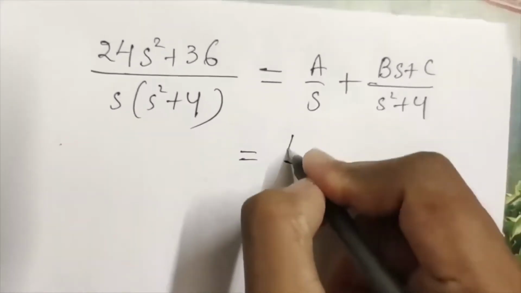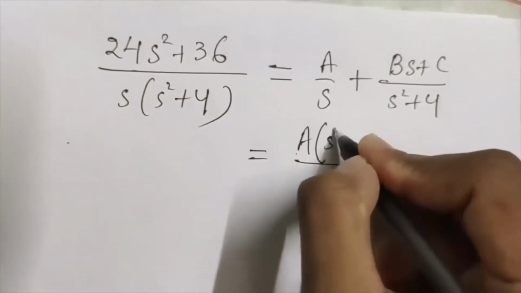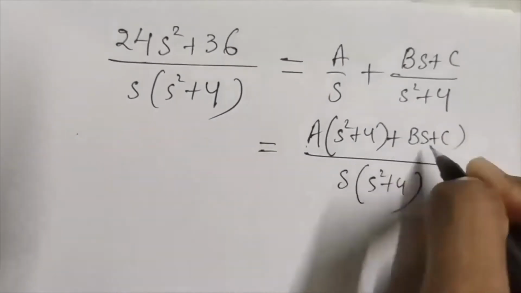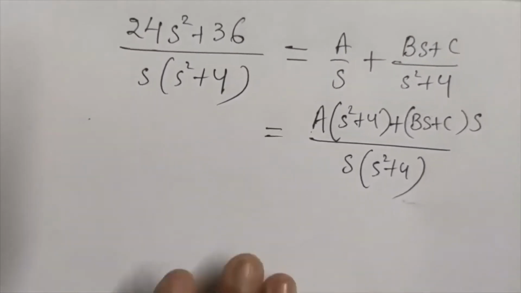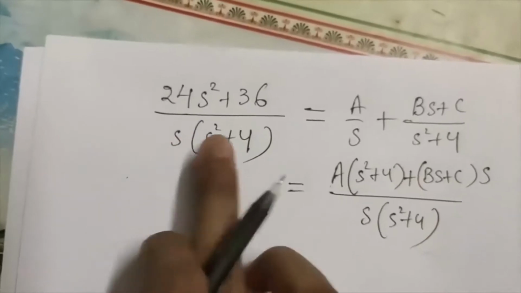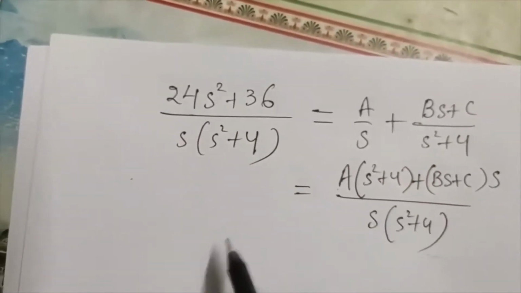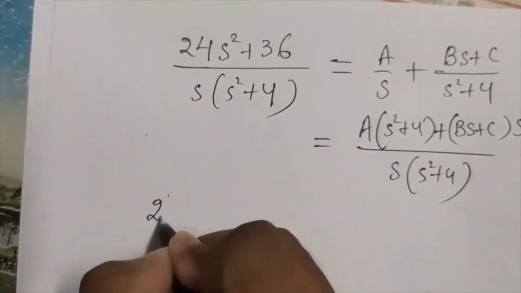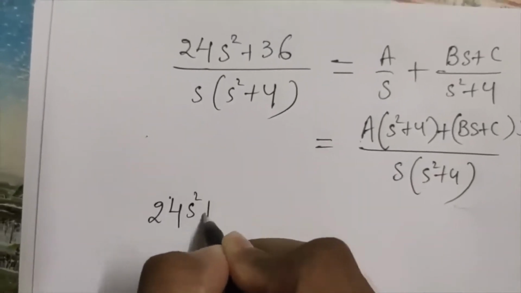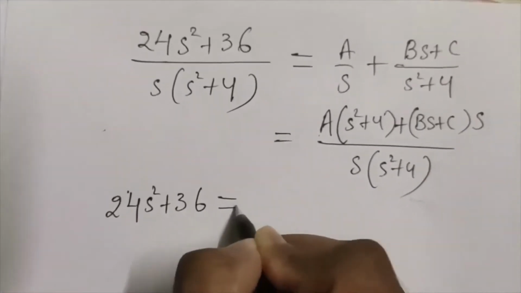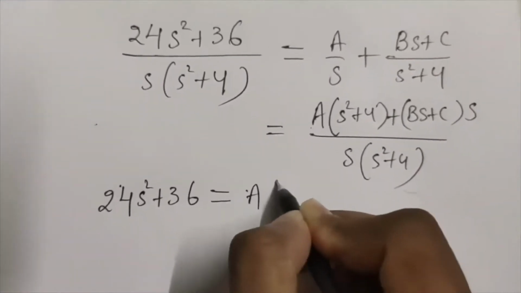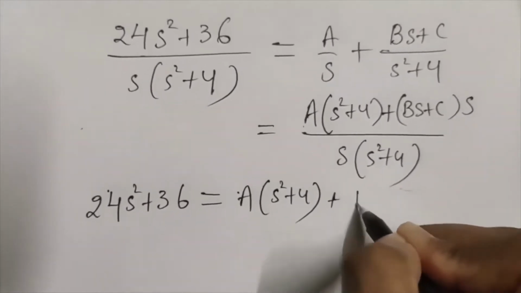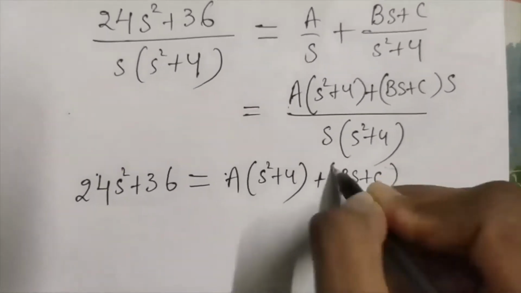This I can write as A into S square plus 4 plus BS plus C into S. So when I compare the terms on either side of the expression, that is nothing but 24 S square plus 36 is equal to A into S square plus 4 plus BS plus C into S.